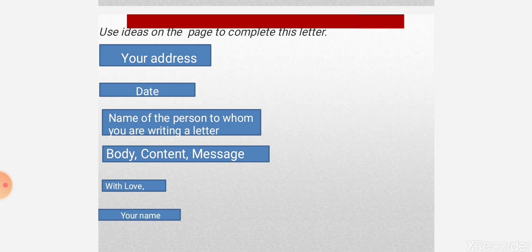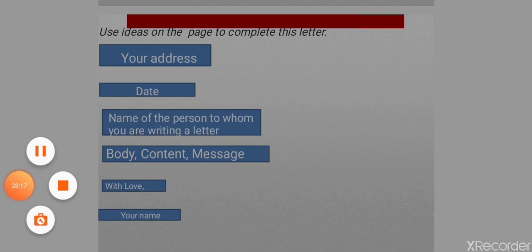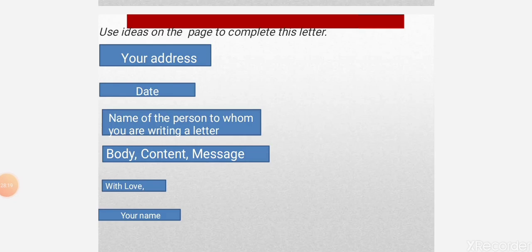So I think it's a good idea to have a lot of practice. We can write a letter to a friend and then even your friend can reply by writing a letter, so you can make pen friends and do a lot of practice through it.